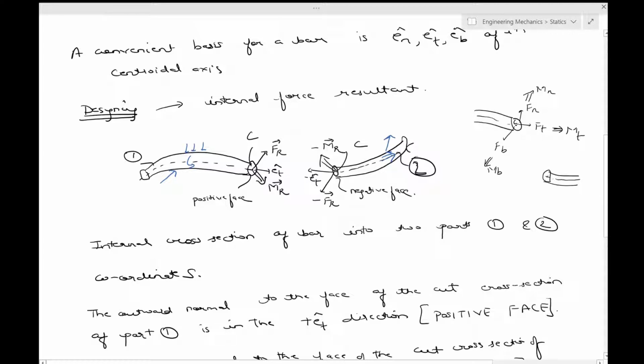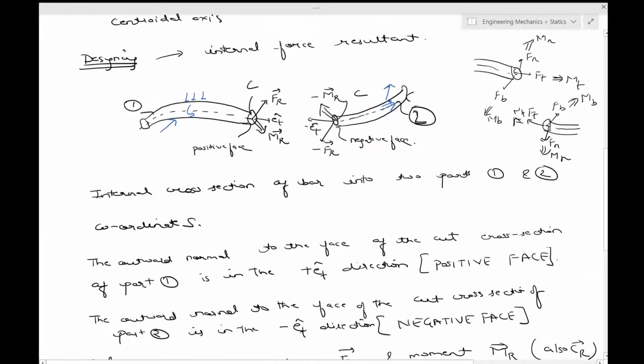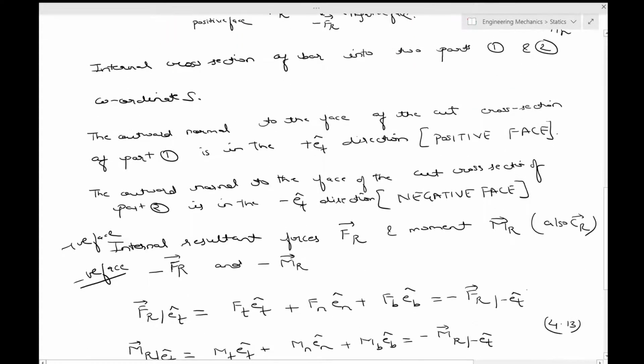Then on the other face we have Fb, Ft, Fn, and again Mn, Mb, Mt. This is how we show all of them in a diagram.